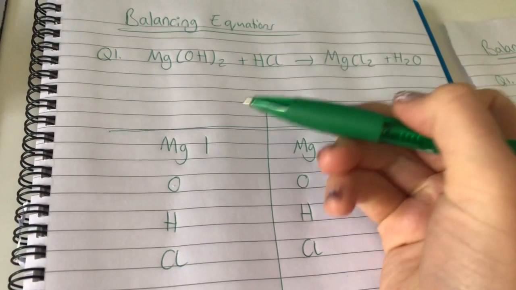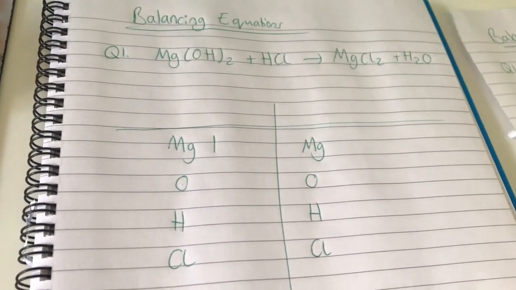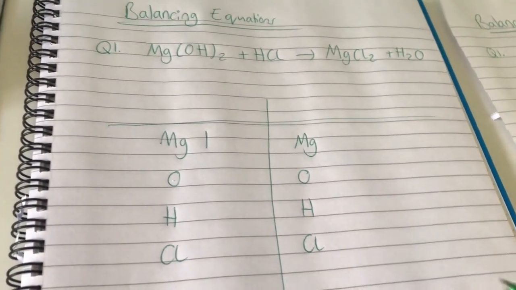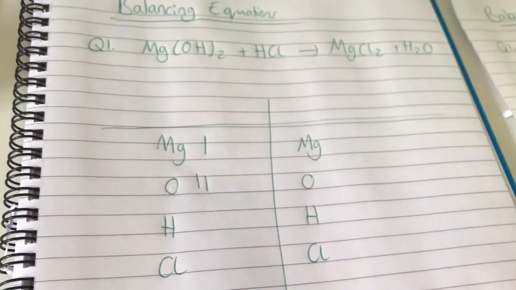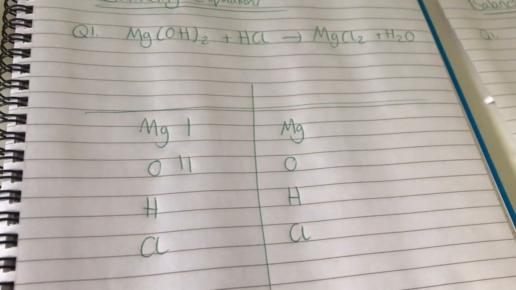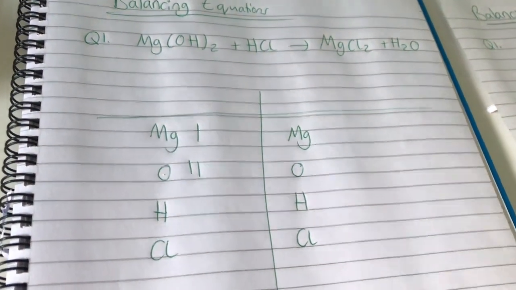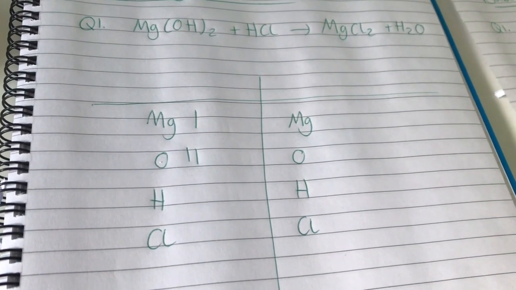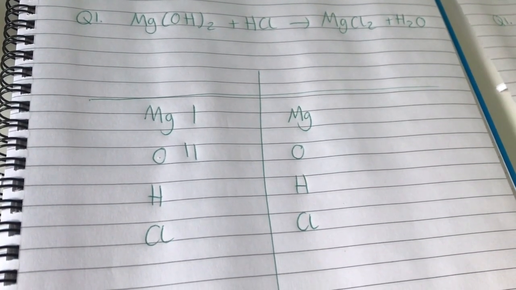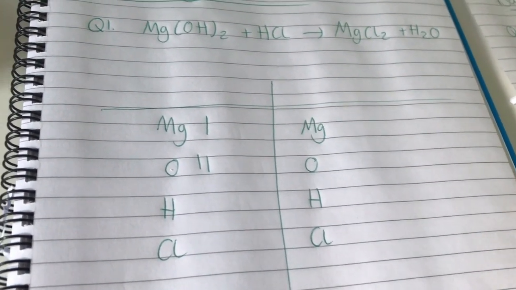Those brackets, that 2 only applies to the stuff within the brackets. So in terms of how many oxygen I have on our reactant side, I have 2, because the OH is in the brackets, which means that 2 corresponds to that number there. Make sure we write this as a tally.